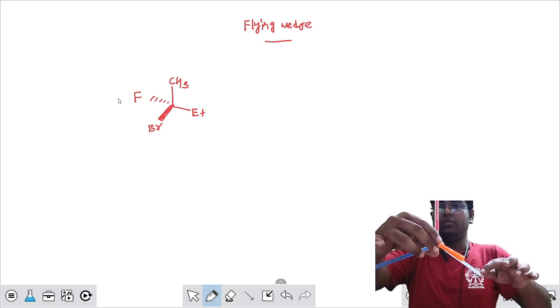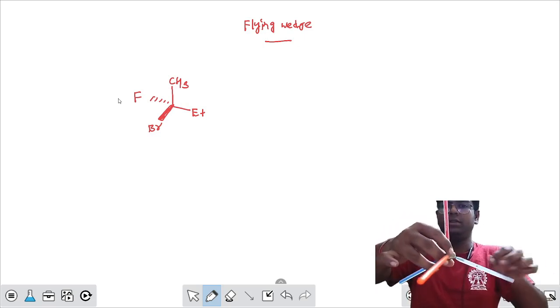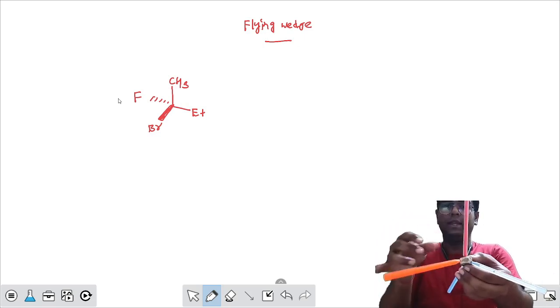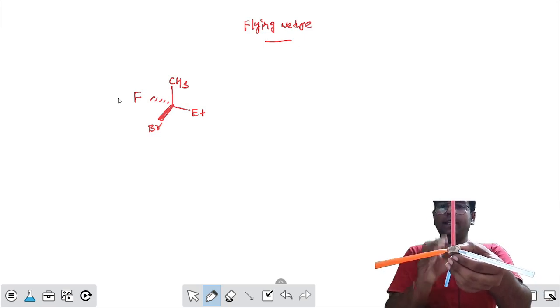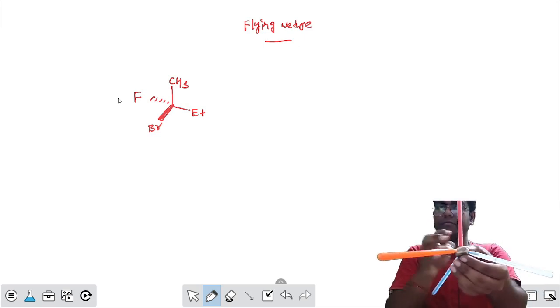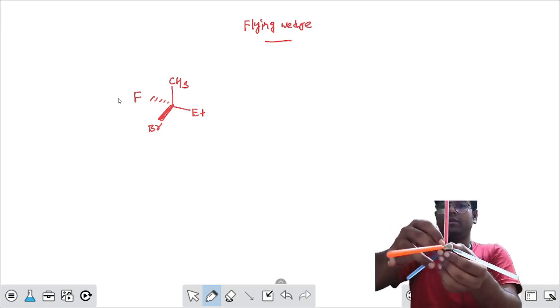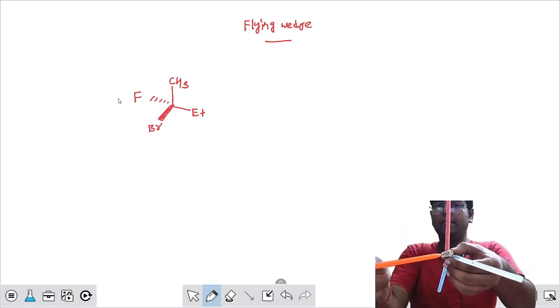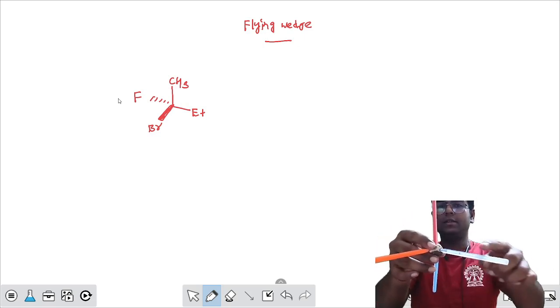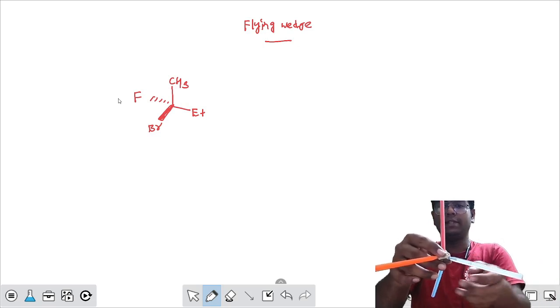Fine. So let's move this this way. That means that CH3 and Et are on the plane. This was fluorine, so it goes to the left hand side. This is the bromine, it goes to the right hand side.